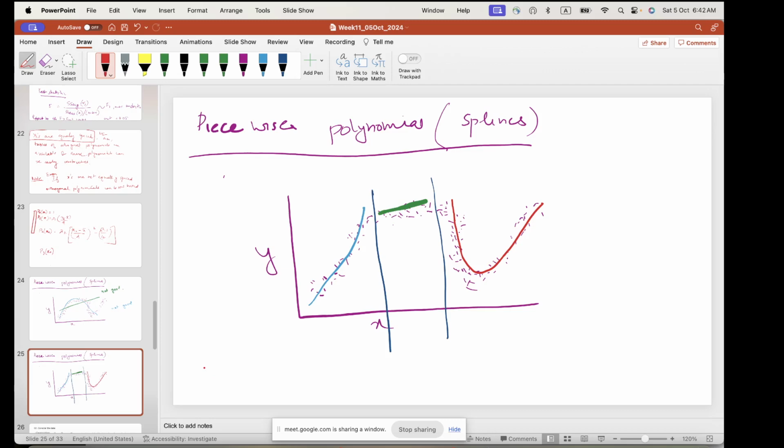Then these small segments, these lines, are actually my splines. And the joining areas, like this one and this one, are called knots.